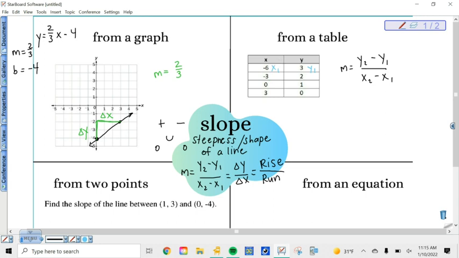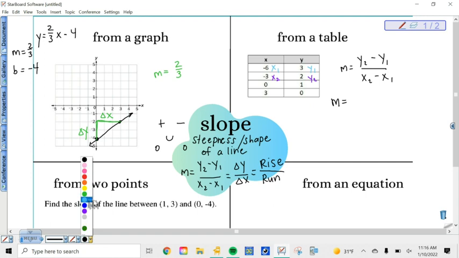And what should be x2? -3. And what should be y2 then? Perfect. Yeah. So now let's go ahead and plug in those values into our slope formula.